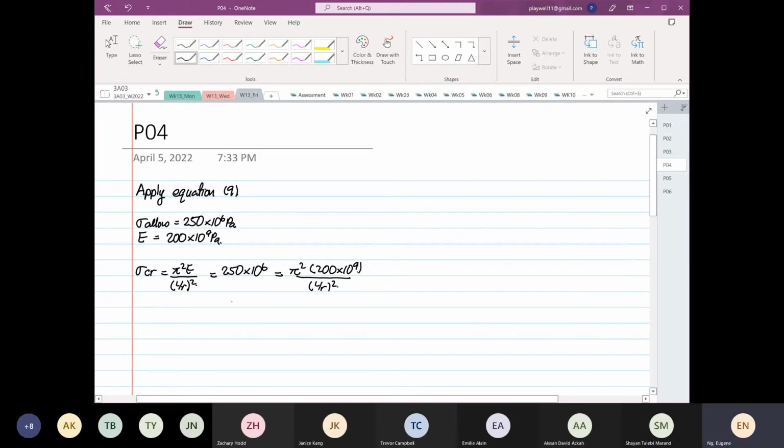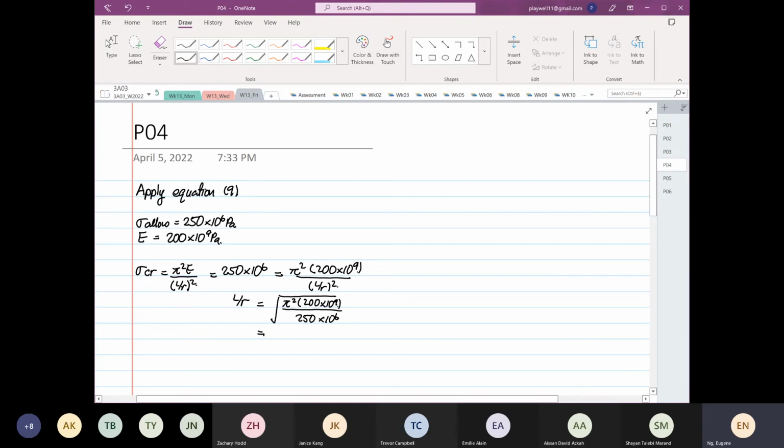So we're going to determine our L over r equal to the square root of pi squared multiplied by 200 times 10 to the power 9 divided by 250 times 10 to the power 6.